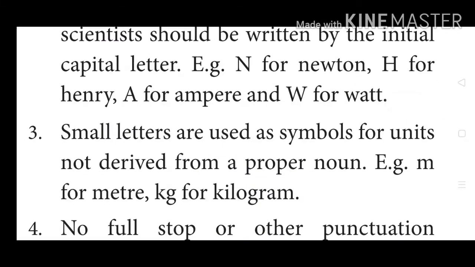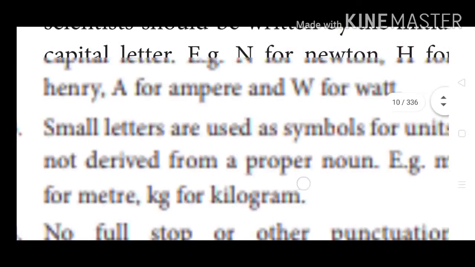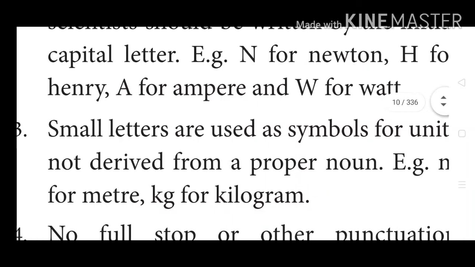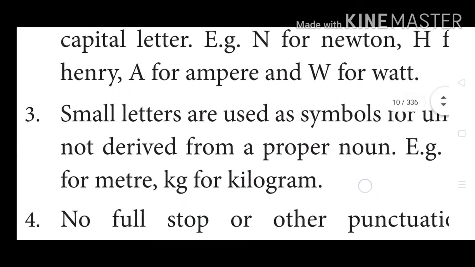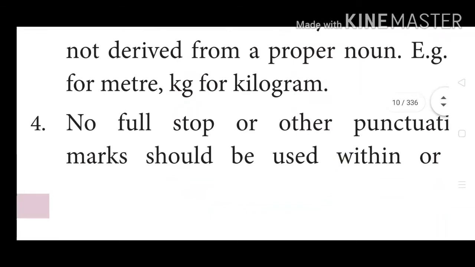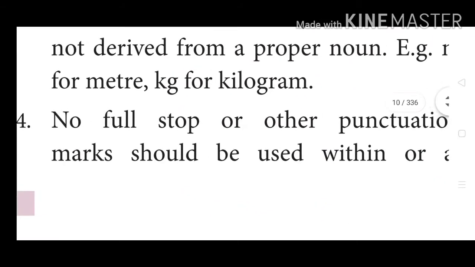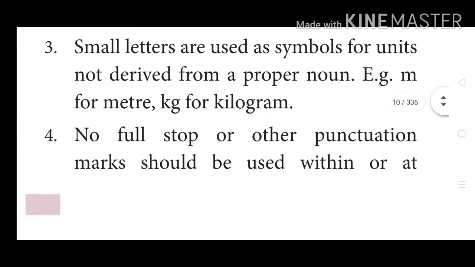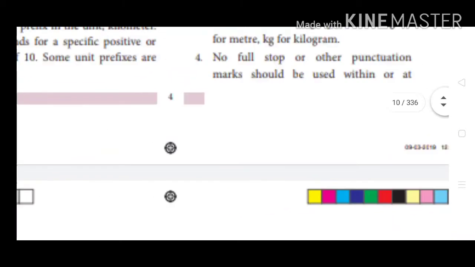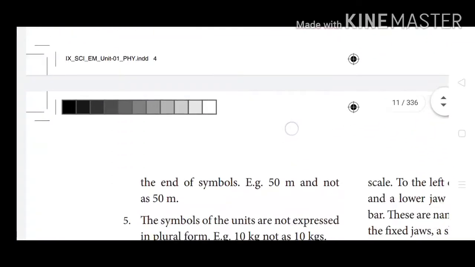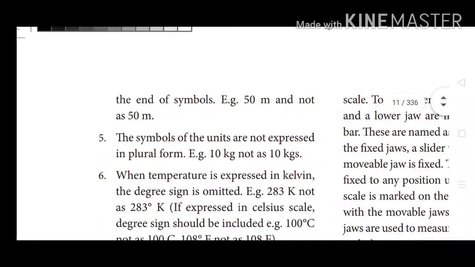Third point, small letters are used as symbols for units not derived from a proper noun. Example, m for meter and kg for kilogram. Fourth point, no full stop or other punctuation marks should be used within or at the end of symbols.